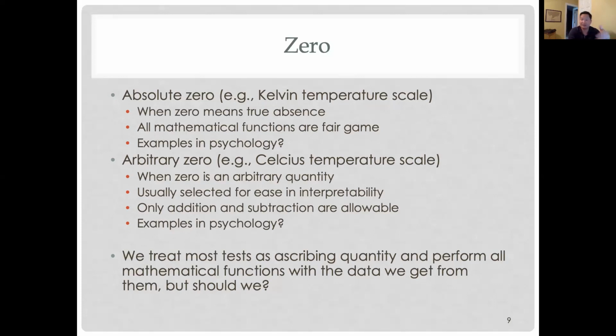Because if you multiply something by 0, it becomes 0 and you're screwed. So if you're considering using 0 in your scale, think carefully, does it mean the absence of something or not? If it doesn't, probably just don't use it, just to be on the safe side.